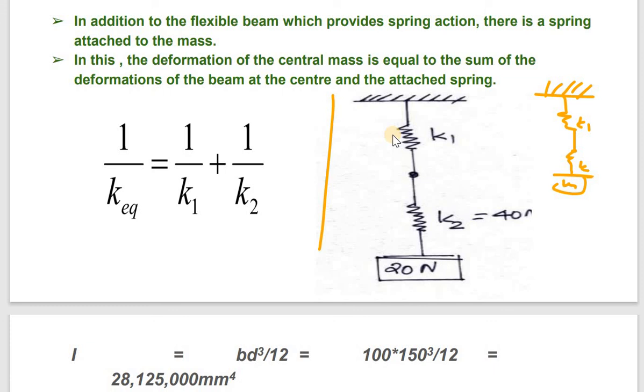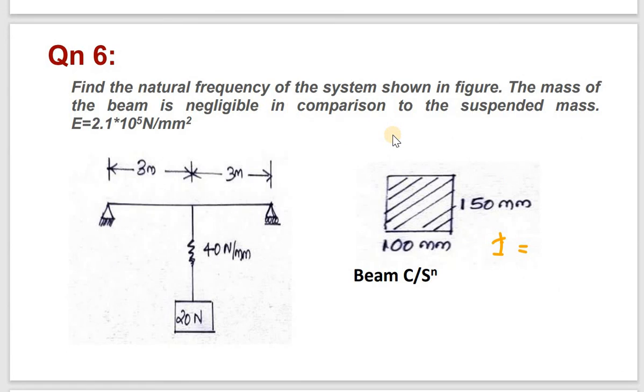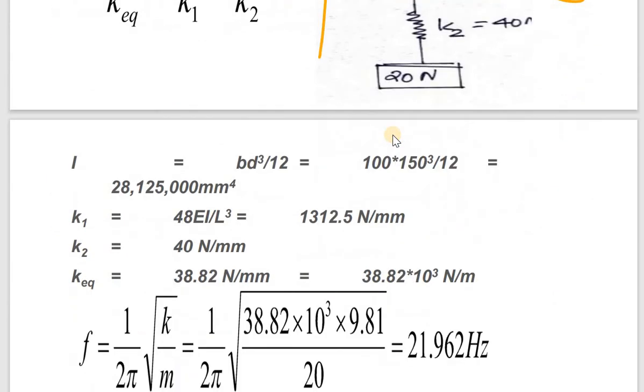K1 value we don't know. K2 is given in the question; here you can see it is 40 Newton. So this beam will have a stiffness, and let that be K1. That K1 will be equal to the same thing we studied earlier: if a load is applied like this, it will deflect like this.